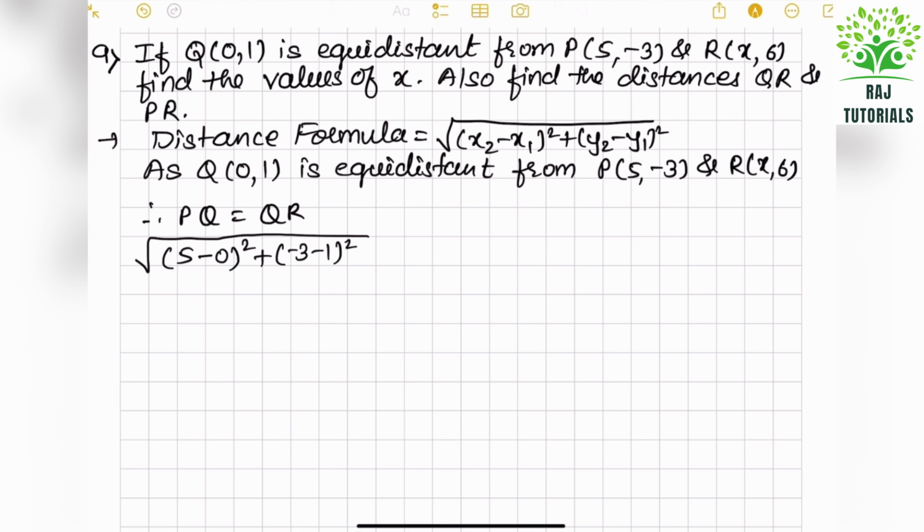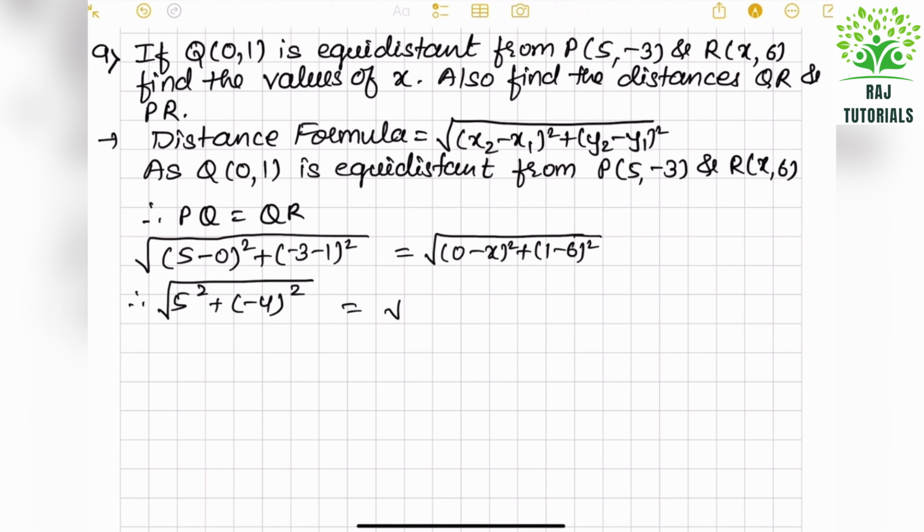So (5 minus 0) whole square plus (minus 3 minus 1) whole square will be equal to (0 minus x) whole square plus (1 minus 6) whole square. Therefore, root of 5 square plus minus 4 square equals root of minus x whole square plus minus 5 whole square.